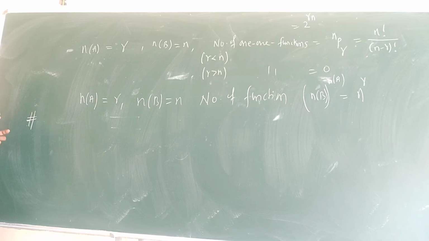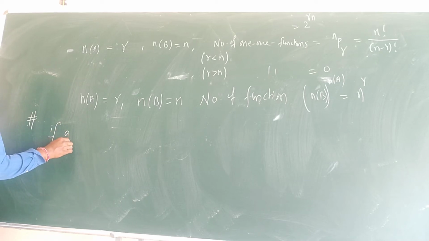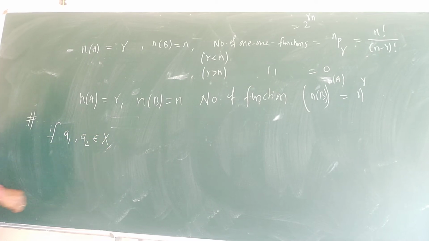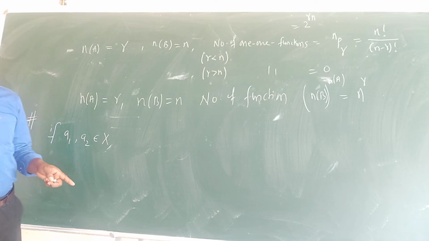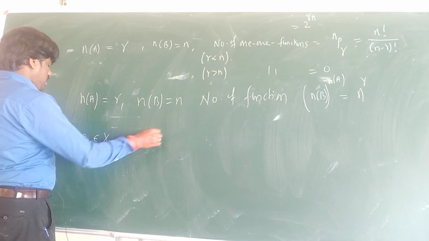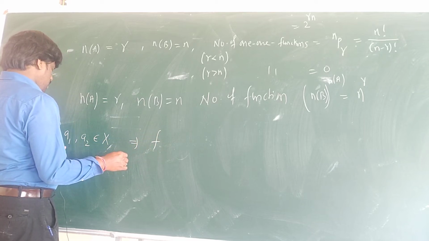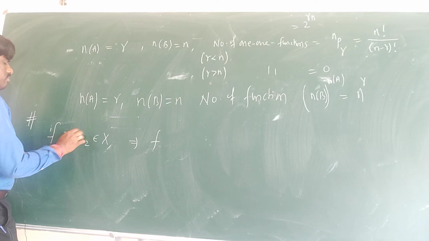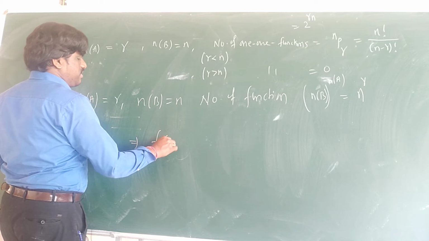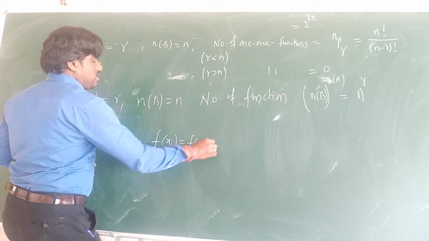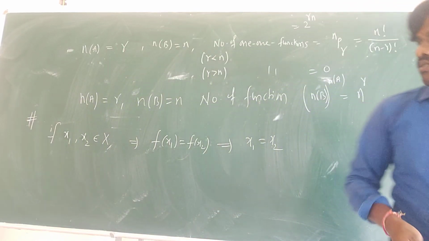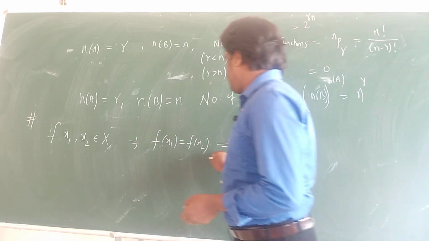To prove the given thing is a one-one function, if x1, x2 belong to X, the domain, then f of x1 is equal to f of x2 implies x1 is equal to x2. Okay, so this is the condition for proving a one-one function.